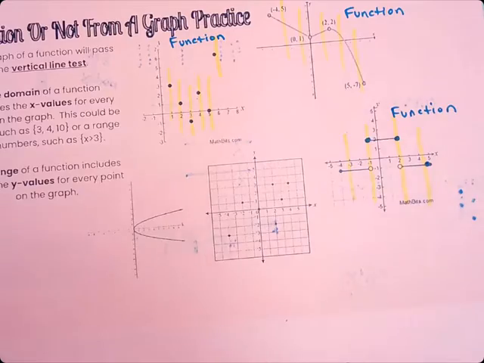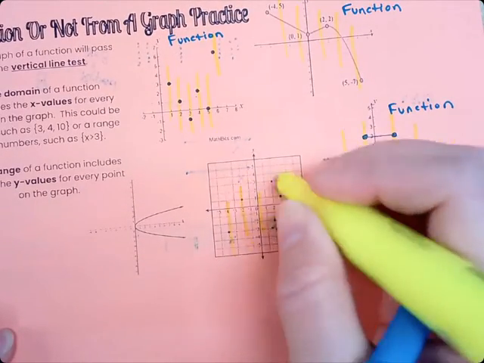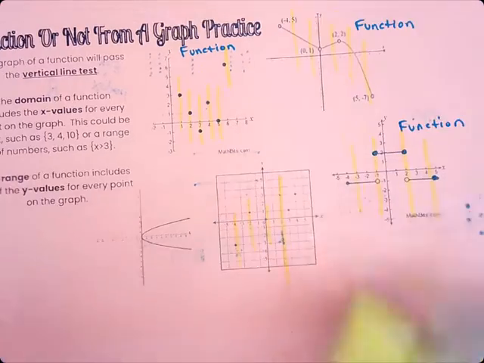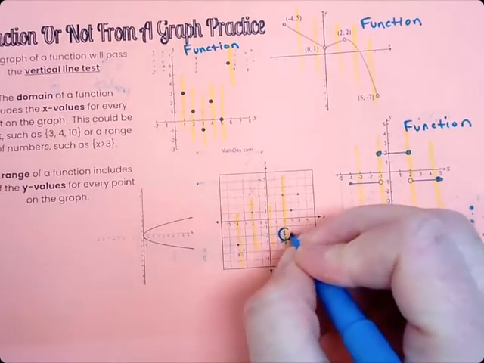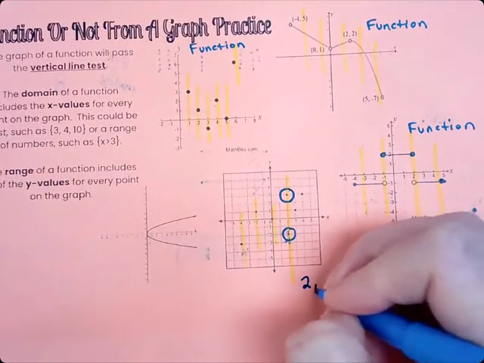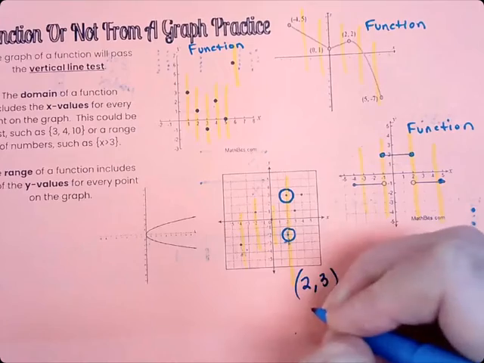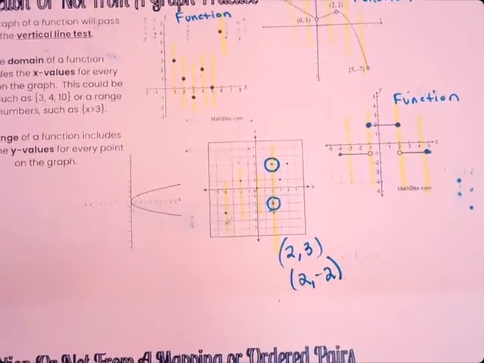Okay, the next one, do our vertical lines. Oh, yeah. Did you find where it was not? Yep. (2, 3) and (2, -2). That's where it repeated at those points.